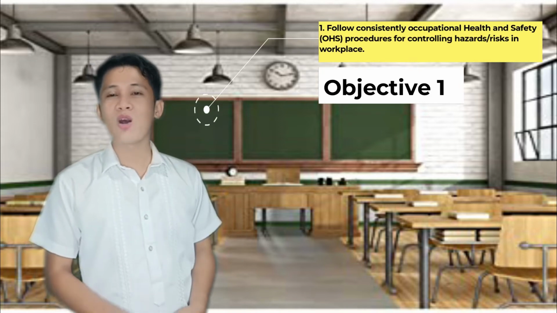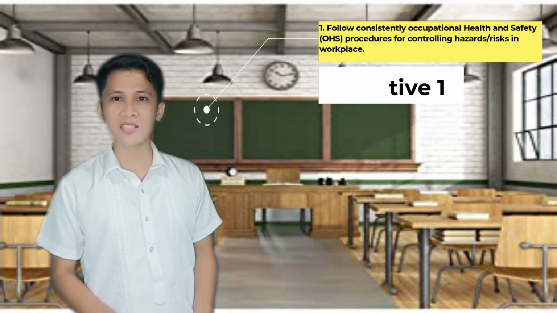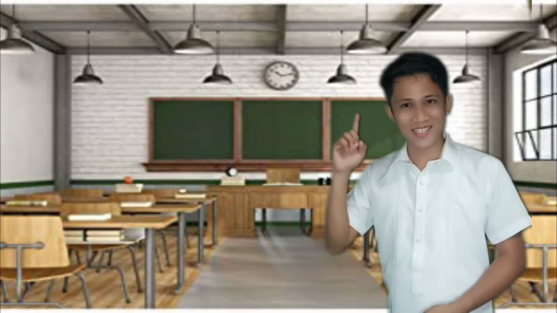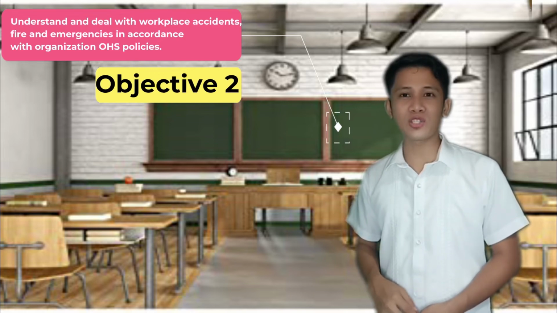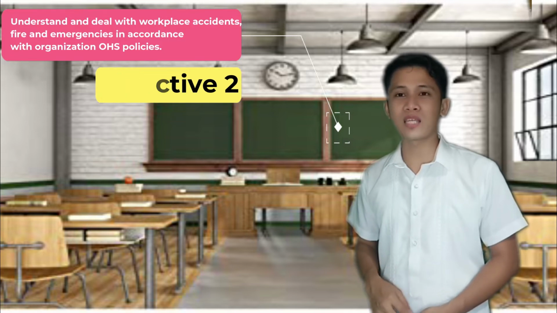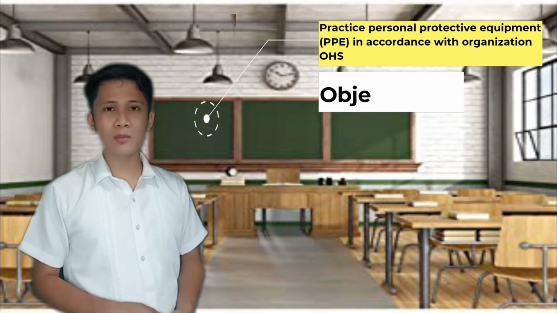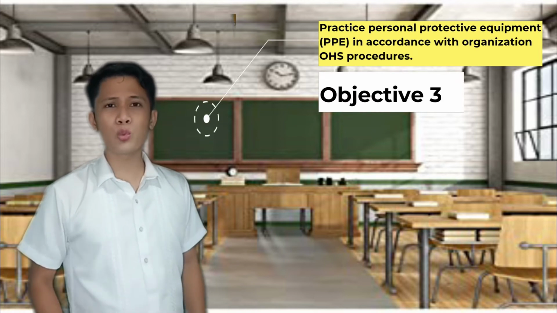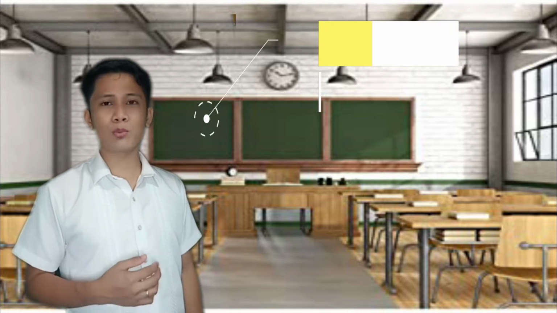In this lesson, you will be able to follow consistently occupational health and safety procedures in controlling hazard and risk in the workplace, understand and deal with workplace accidents, fire and emergencies in accordance with the organization's occupational health and safety policies, and practice correct use of personal protective equipment in accordance with the organization's occupational health and safety procedures.